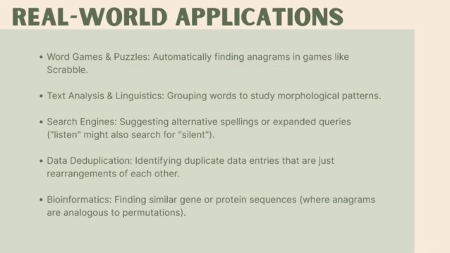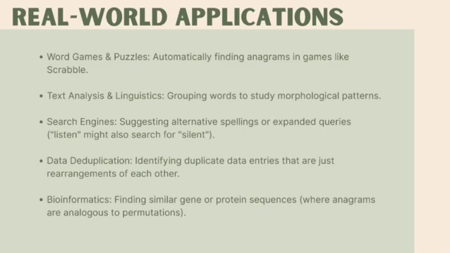Real world applications of grouping anagrams using a tree. First, in word games and puzzles, it can automatically find anagrams, helping in games like Scrabble. Second, in text analysis, it can group words to study patterns and language. Third, search engines can suggest alternative spellings or expanded queries.